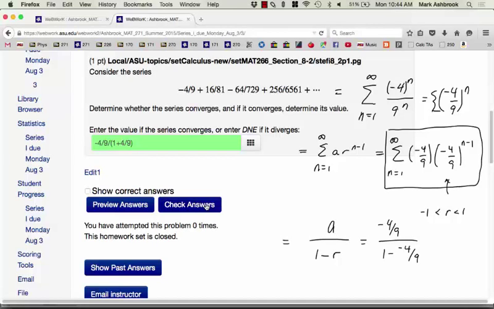So if these were all multiplied by, say, 5, then you get 5 times negative 4 over 9 to the n, and then your a would be 5 times negative 4/9. So it's not helpful to think of a rule in terms of n. We want to get into n minus 1 form. The way we've seen geometric series is a r to the n minus 1, where n starts at 1.